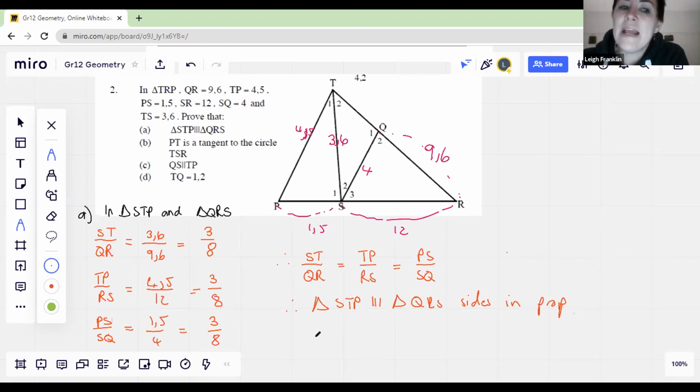If they tell you the lengths of sides, then you're going to go with corresponding sides in proportion. A question won't muddle those two up for you. You won't get all the sides and all the angles. It will be really specific, so it's going to be one or the other. Okay, Spahle? All right, thank you, ma'am. No problem.